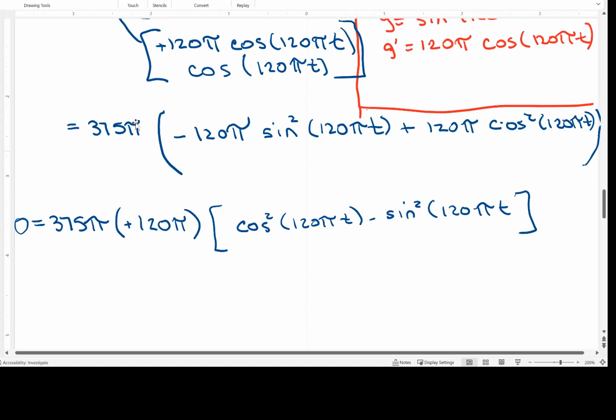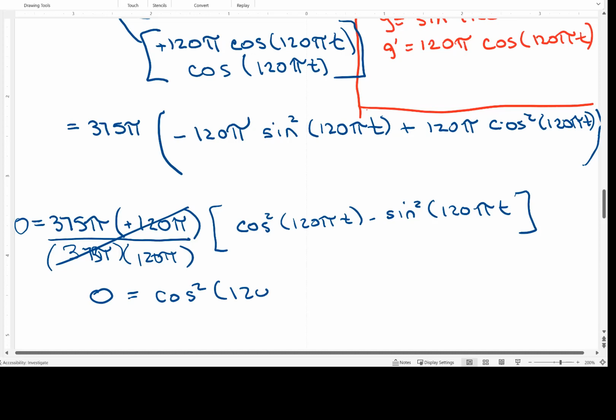We're setting this equal to 0. Well, first I'll divide both sides by this times 120 pi. And if I divide the 0 by that, then this goes away and I get 0 equals cosine squared of 120 pi t minus sine squared of 120 pi t.